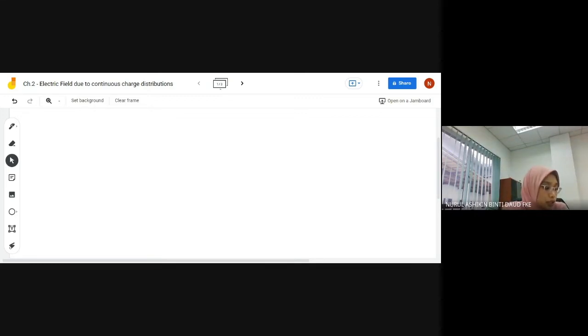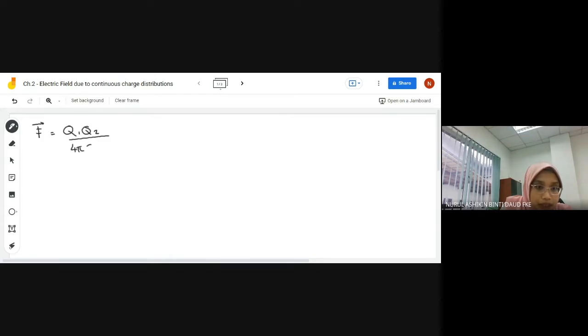I am hoping that you still remember some of the formula, which is force, where the force is equal to Q1 Q2 over 4 pi epsilon naught r squared, where r is the distance from 1 to 2, and the vector r hat is the unit vector from 1 to 2.